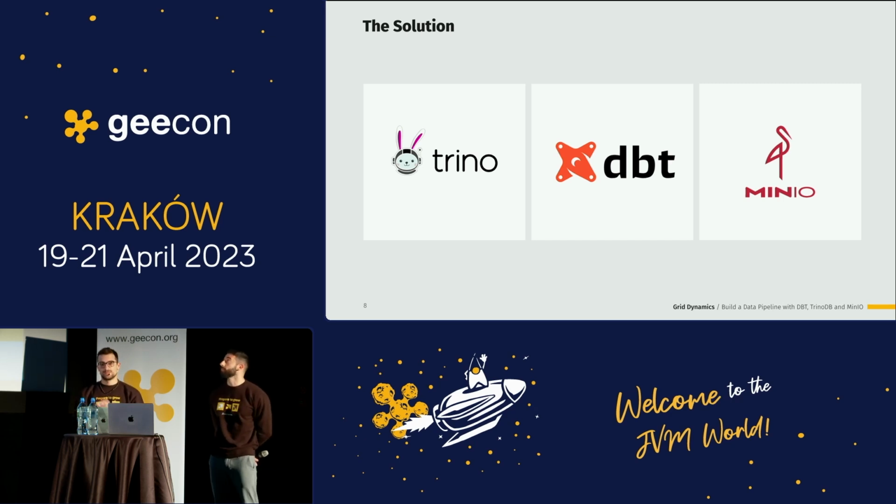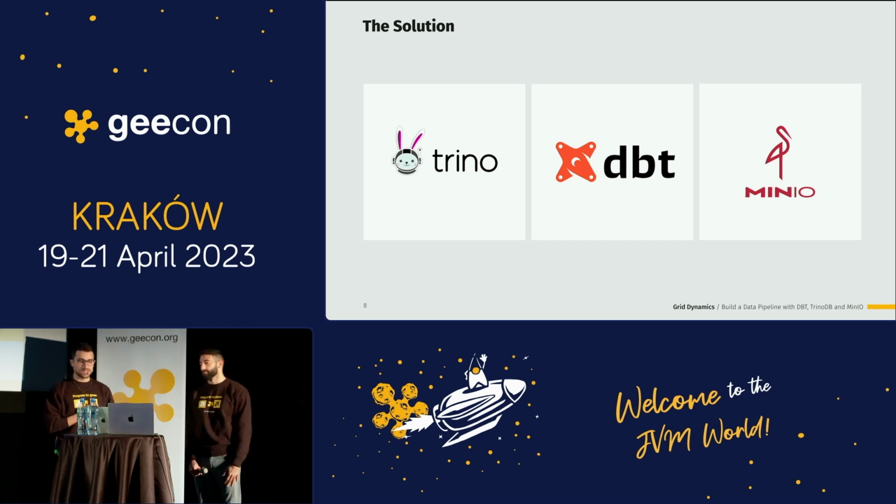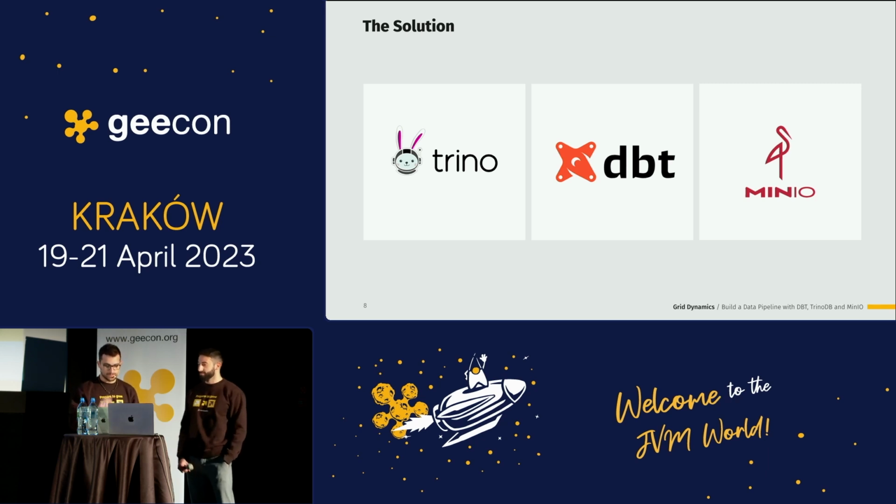DBT is data build tool, and it will be mainly used for orchestrating and managing the whole platform. And somewhere this data has to be stored. So that's why we have MinIO. MinIO is our main container for all the object stores. All right, so I will pass the mic to Francesco that will kick off.